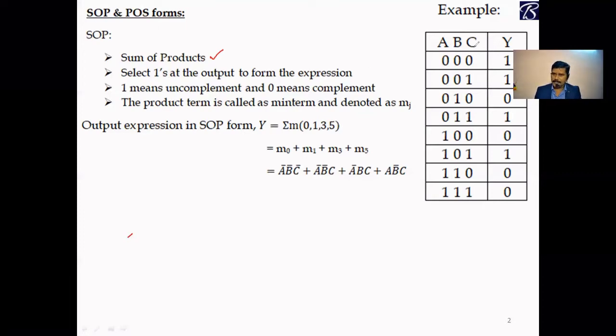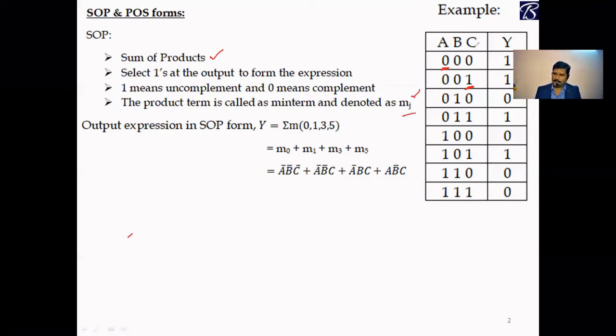Here in these ABC variables, 0 indicates complement and 1 indicates uncomplement. These are the product terms. The product term is called a min term and denoted as m suffix j.